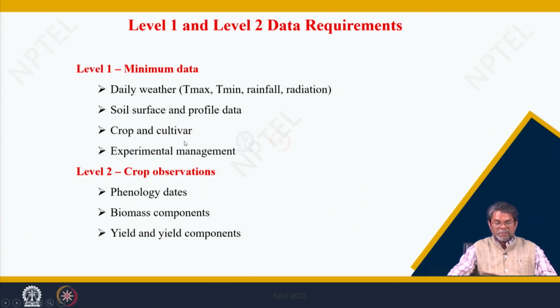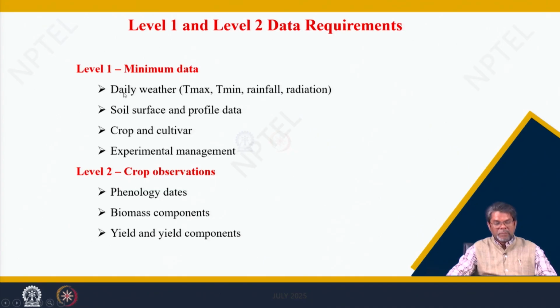Crops and cultivar: the cultivar coefficients, particularly the particular crop and its cultivar, what type of variety is used, the genotype coefficients are required. And the experimental management, from the land preparation to the seeding operations, nutrient management, irrigation management, plant protection measures. So, these are the operations that are used as management files.